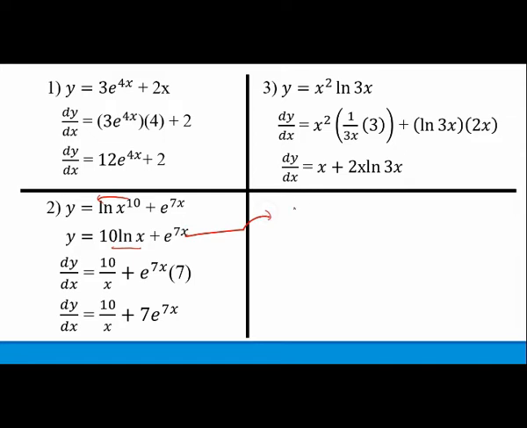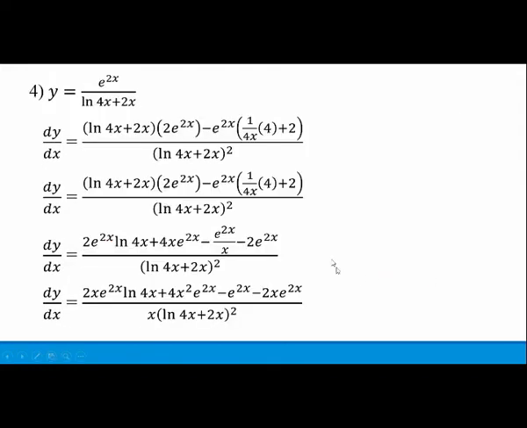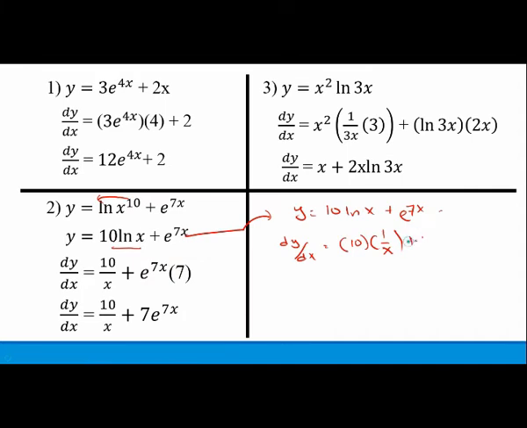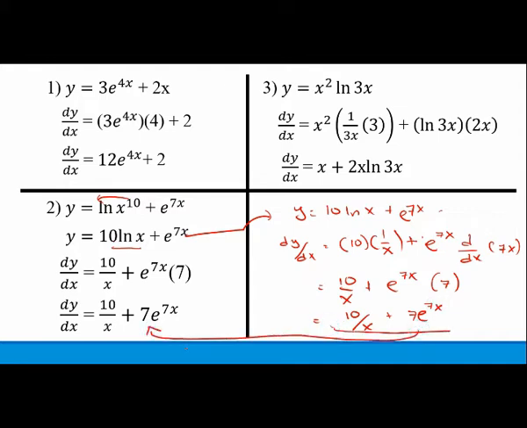From this, y equals 10 ln x plus e^(7x). dy/dx is, you copy, 10 ln x differentiated becomes 1 over x, so 10 over x, plus e^(7x), but you need to differentiate 7x above, which becomes 7. Then you get 10 over x plus 7e^(7x).